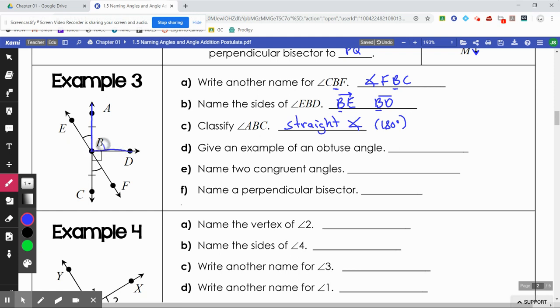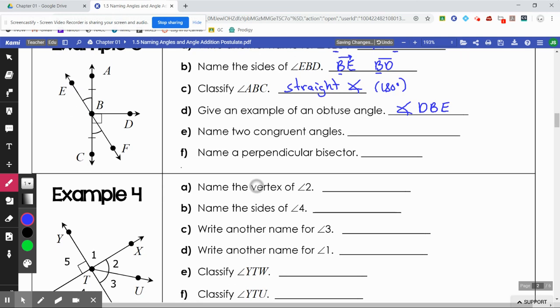If I open it from here to here, I've opened at 90. But if I go anything further than that, I've gone to 180. So why not use this angle? Because we know that's bigger than 90 from here to there, and that's not quite a straight line. So that would be angle D to B to E, an obtuse angle there.